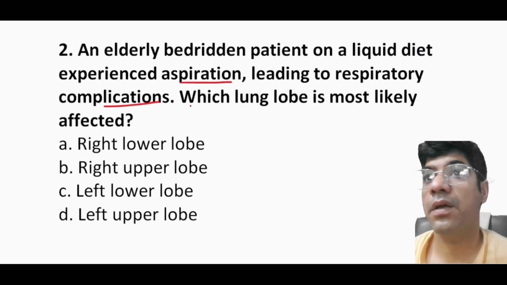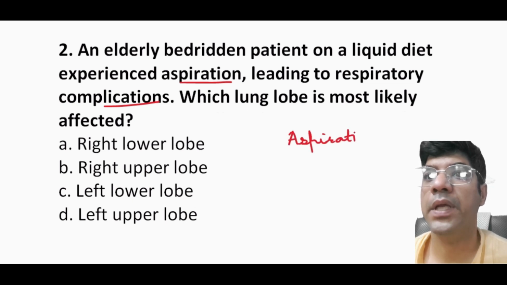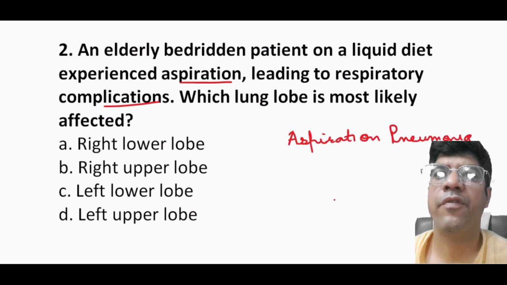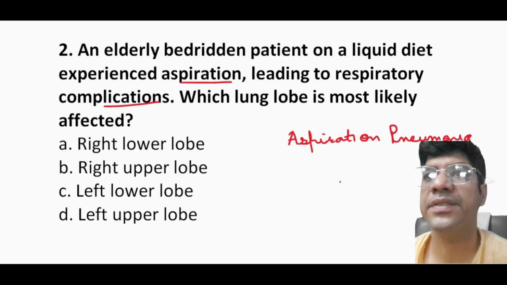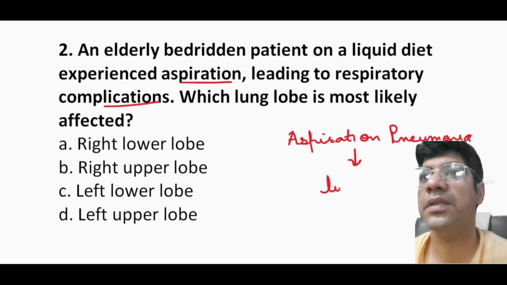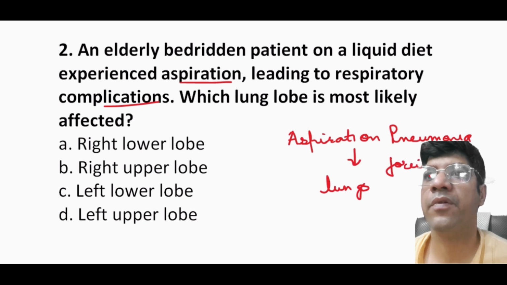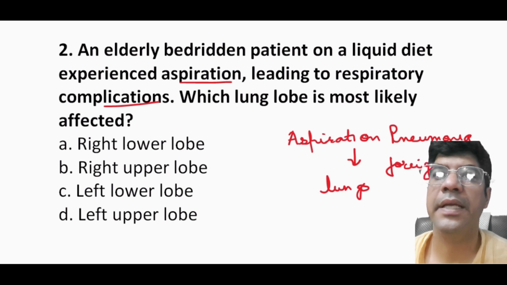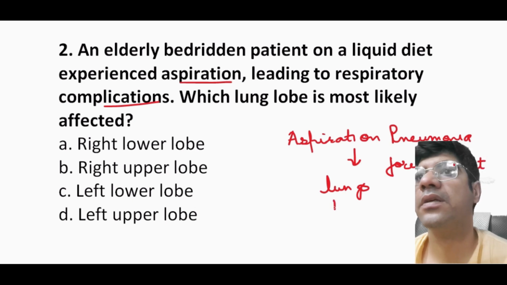Now we know that aspiration pneumonia occurs when foreign material such as food or liquid is inhaled into the lungs. When a patient inhales the foreign material into the lungs, that leads to inflammation and infection.